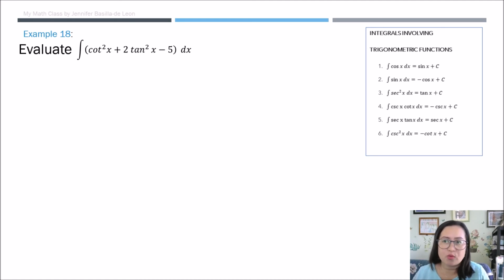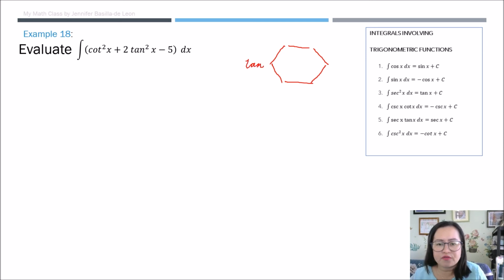However, just like what we did in the previous examples, we're going to make use of the trigonometric identities. So let's draw the super hexagon in order to recall the different trigonometric identities.